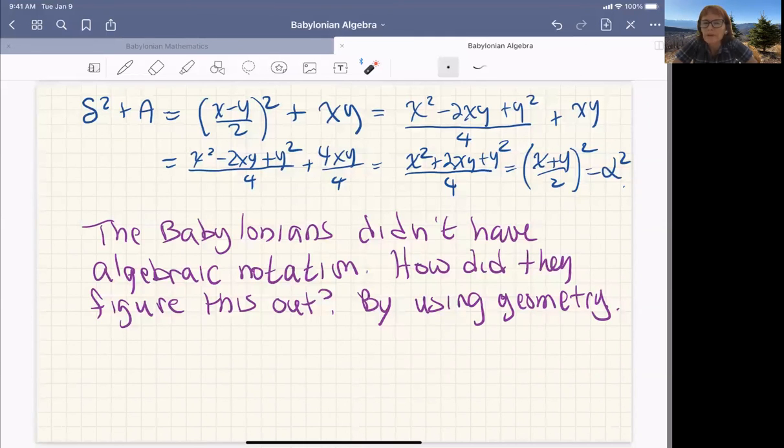But what about numbers that weren't so simple, like 7? Well, the problem is that they couldn't do that so simply. So it was actually more complicated.